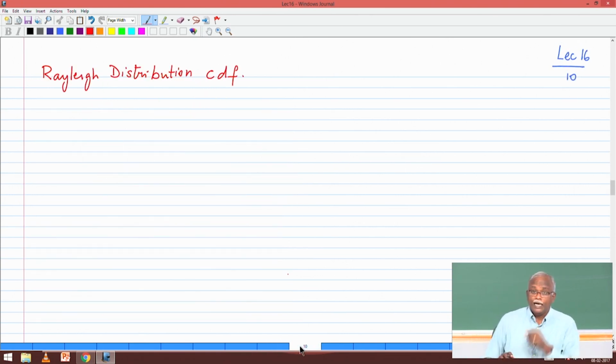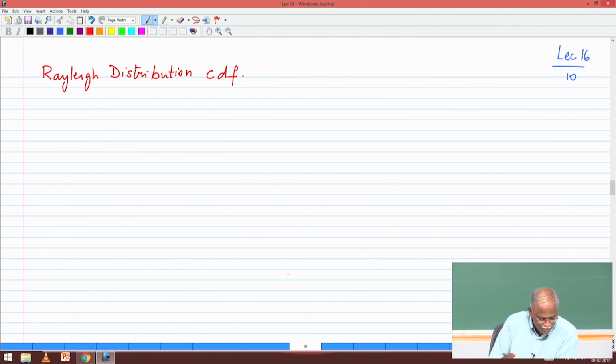Another very, very important offshoot of the Rayleigh PDF is the cumulative distribution function. Now, here again, from a mathematical viewpoint, given a PDF, I know how to compute the CDF. Why do we labor over this one? But it turns out that there is a lot of useful information that we get from the CDF from an engineering perspective.